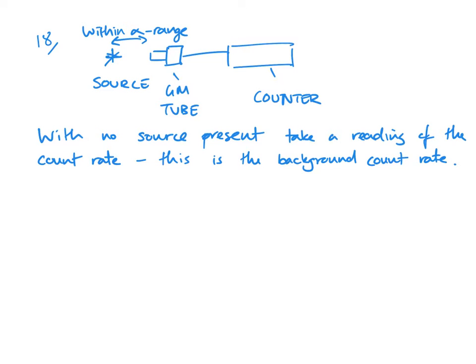So remember, we're using this phrase count rate rather than activity because we're only measuring a small fraction of the total activity of all the radiation actually being produced. So that fraction we call a count rate. So we get the background count rate.